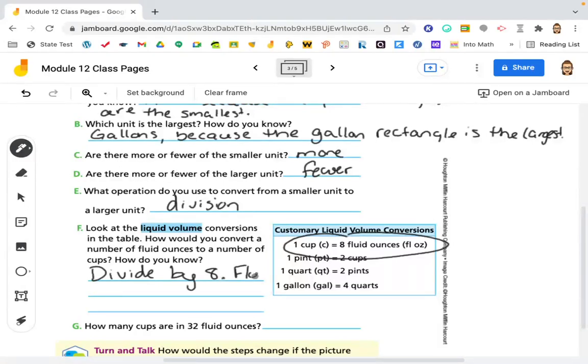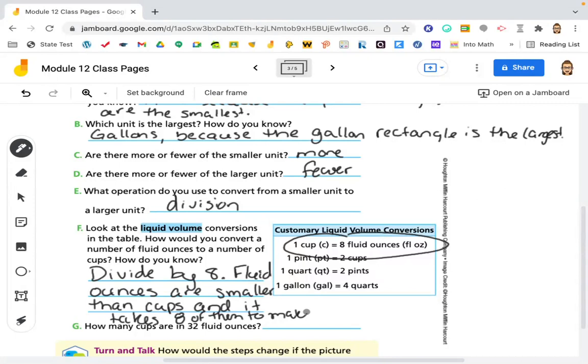We know this because fluid ounces are smaller than cups, and it takes 8 of them to make 1 cup.